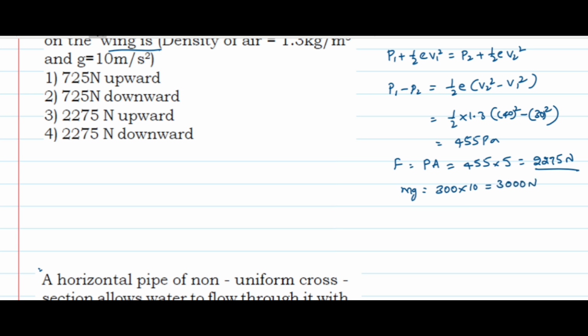When we talk about net force, the weight will be more than the upthrust. So the net force is mg minus F, that is 3000 newton minus 2275 newton, and the resultant value is 725 newtons. Since the weight is more, the net force acts in the downward direction.